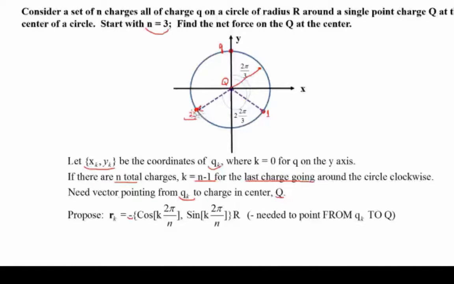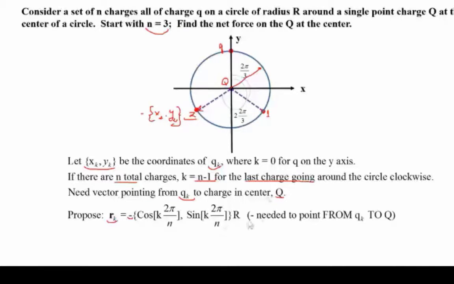The coordinates of this position are x2, y2. That's the vector that goes from here to here. But if these are the same sign, the force is in this direction. So if I want the direction of the force, I have to put a minus sign. And that's the origin of this minus sign here. So we'll take that vector to give us the direction of the force acting on capital Q.